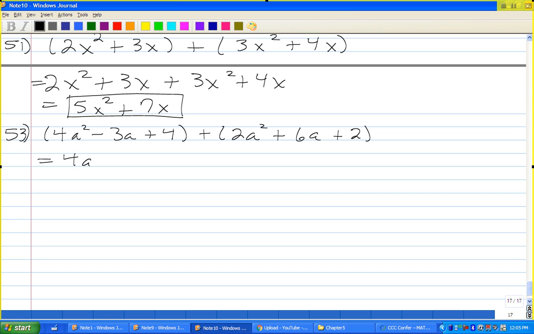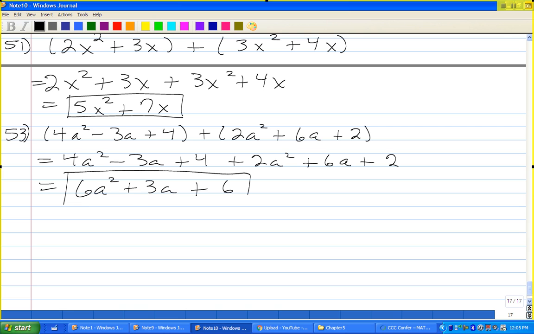So I have 4a squared minus 3a plus 4 plus 2a squared plus 6a plus 2. 4a squared plus 2a squared is 6a squared. Minus 3a plus 6a is 3a. 4 plus 2 is 6. There are no other like terms, so you're done.